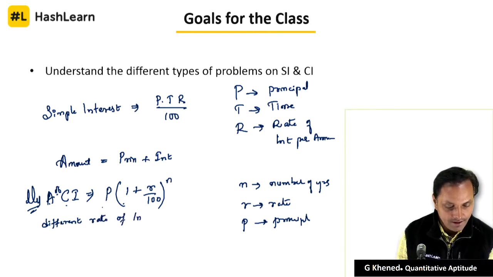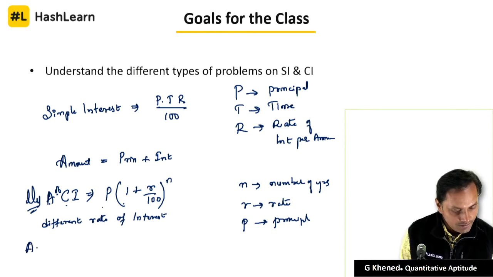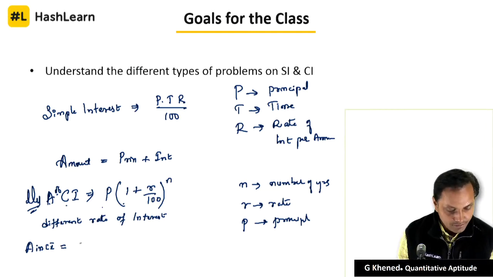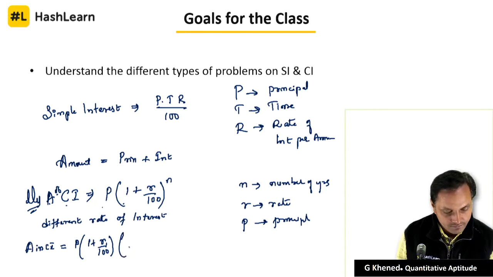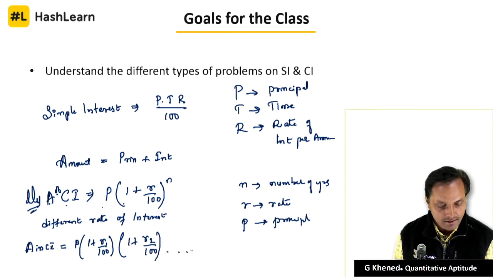Suppose the rates of interest are different, then what formula do you need to use? Your amount calculated in compound interest will be P into 1 plus R1 by 100, this is for rate 1, into 1 plus R2 by 100, this is for rate 2, and it goes on.